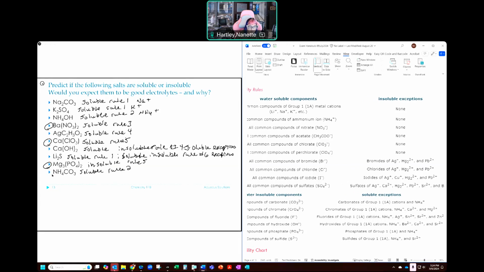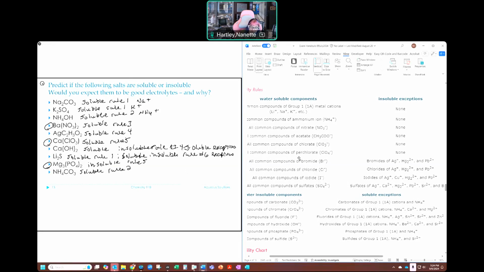This last one, NH4CO3, solubility rule 2. All common compounds of the ammonium ion are soluble. And of course, if you look at the compounds of carbonate ion, the soluble exceptions include NH4. So those are the rules that I have used to state whether they are soluble or insoluble.